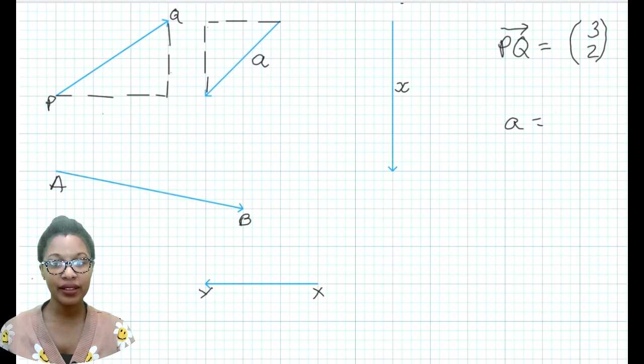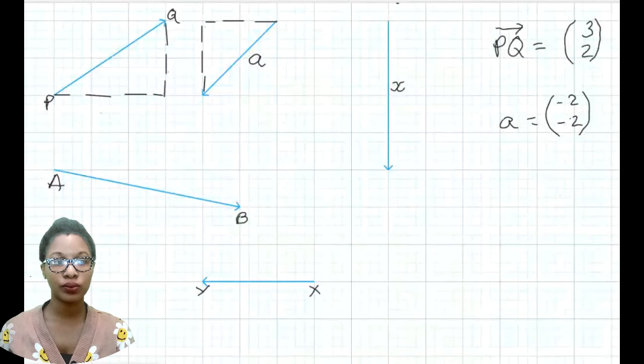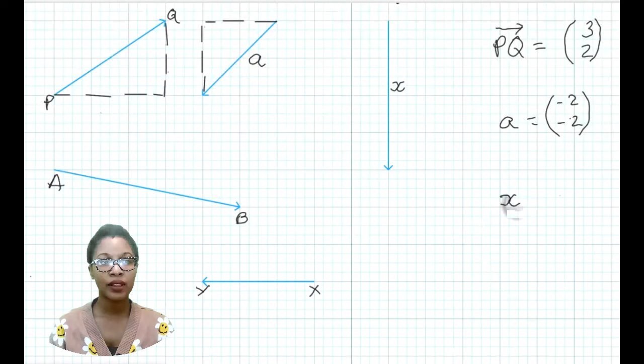So A is (-2, -2). X, we do not go either left or right, but we go downwards 4 times. So X is (0, -4).